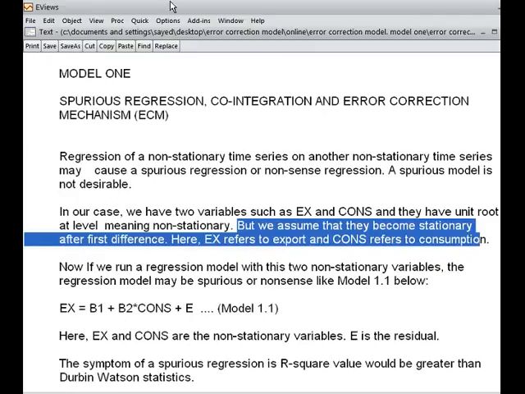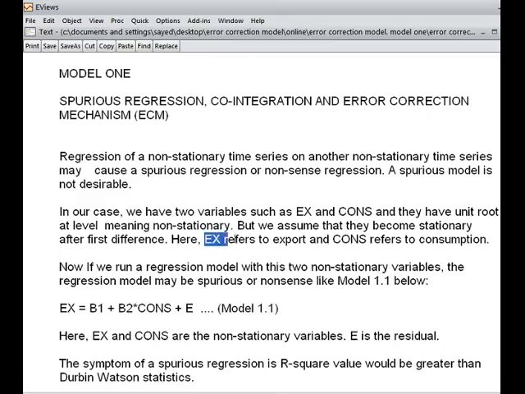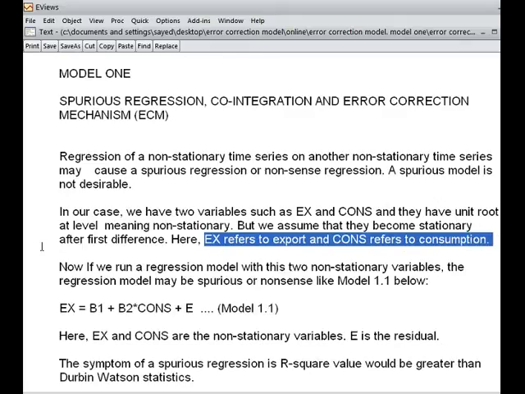and here ex means export and cons means consumption, right? That is the thing. Ex means export and cons is consumption.